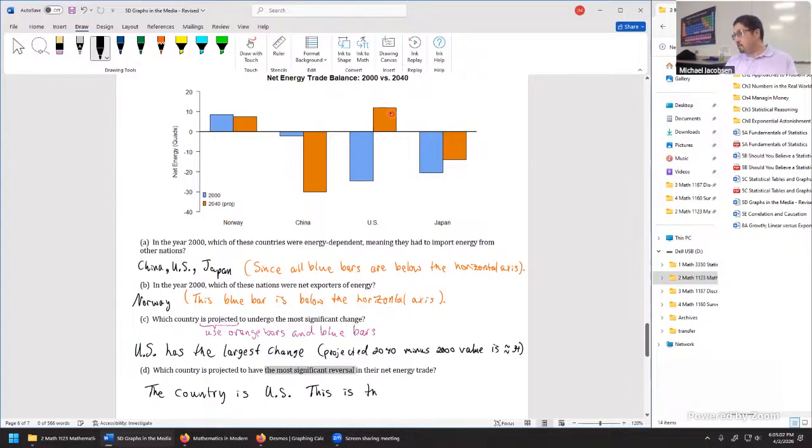This is the only country on the graph with a reversal.